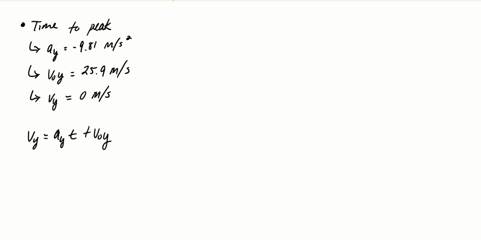What you'll notice is that we have 3 out of these 4 terms. And so we can algebraically solve for time to figure out how long it takes to get to the peak by plugging these 3 values into this equation.